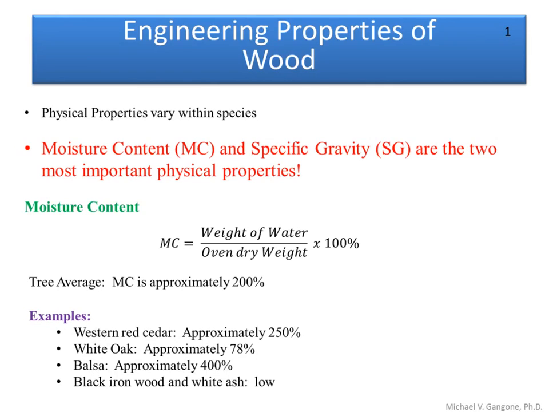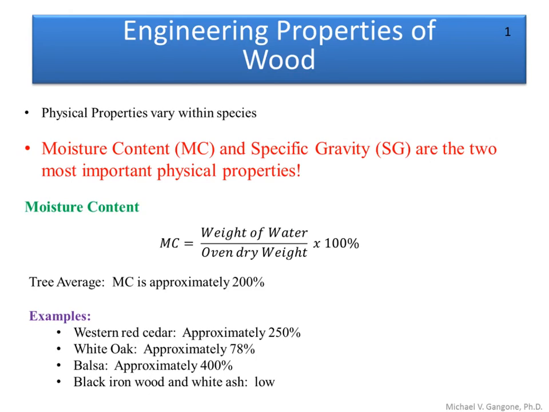So again, moisture content, we can calculate as the weight of water divided by the oven dry weight. If we think about moisture content for a tree, these values will change depending on the species of the tree, but on average, it's somewhere around 200%. So there's actually a lot of water in a tree, and that shouldn't be a surprise to anybody.